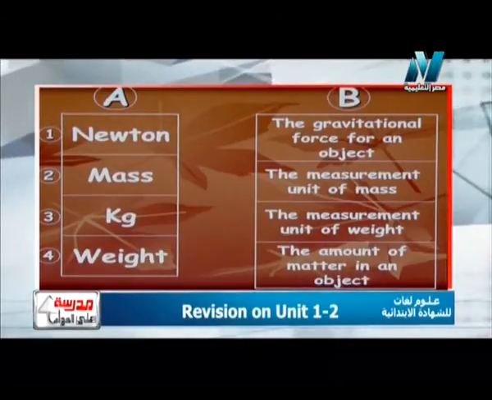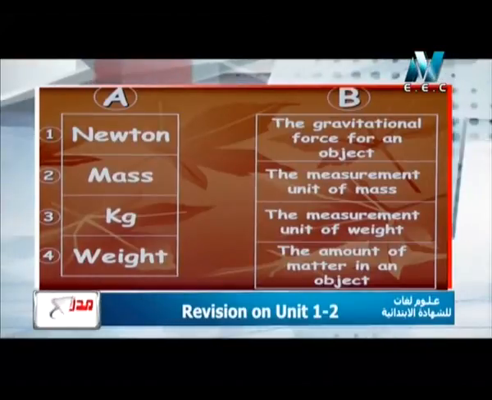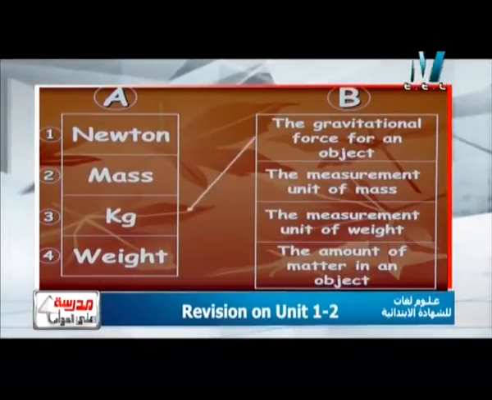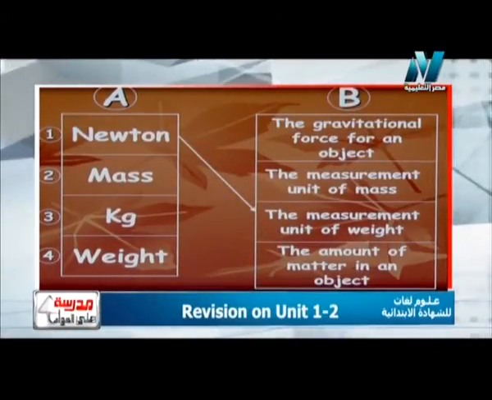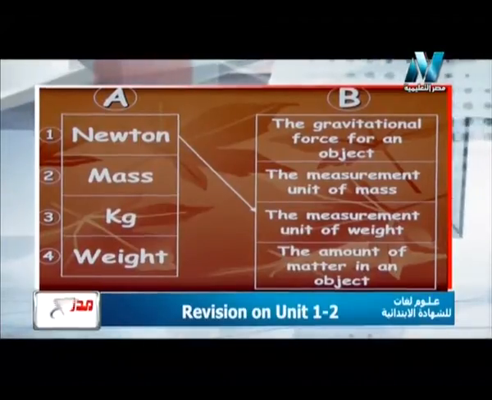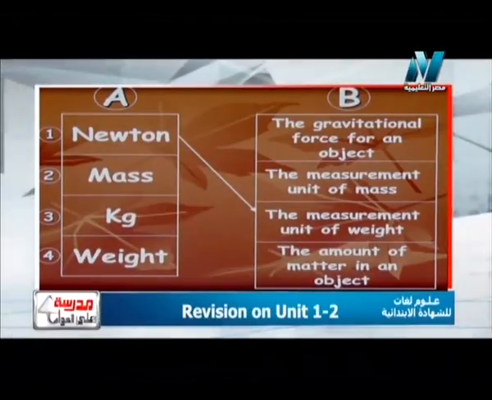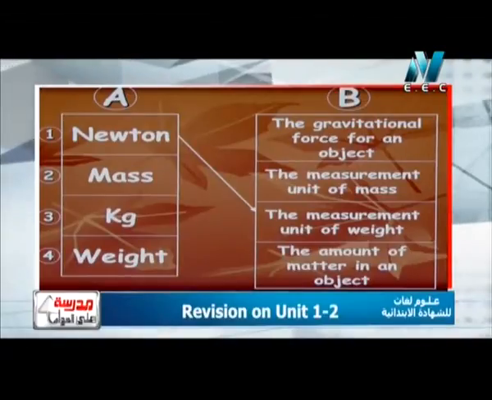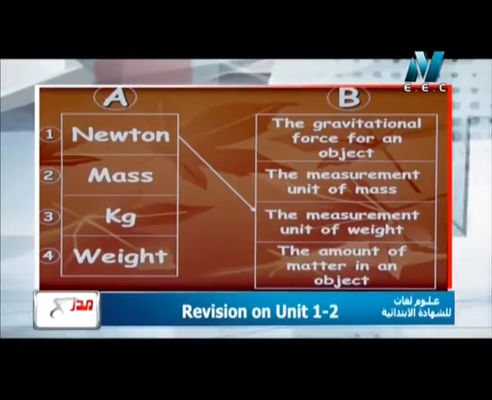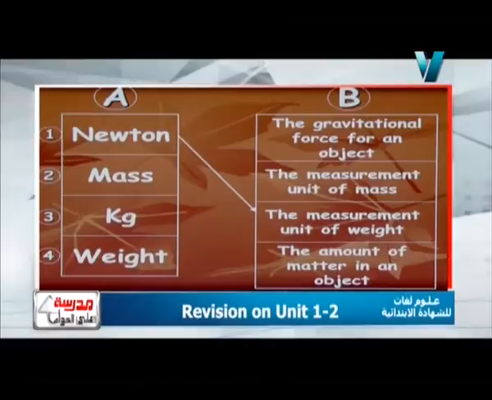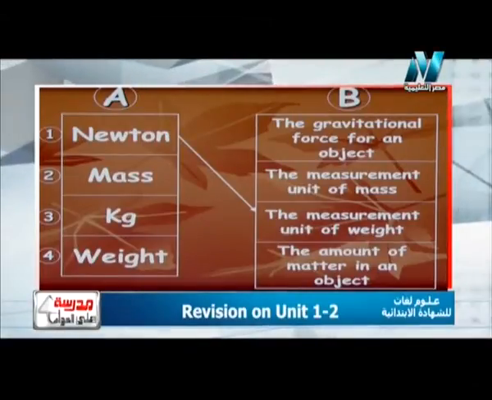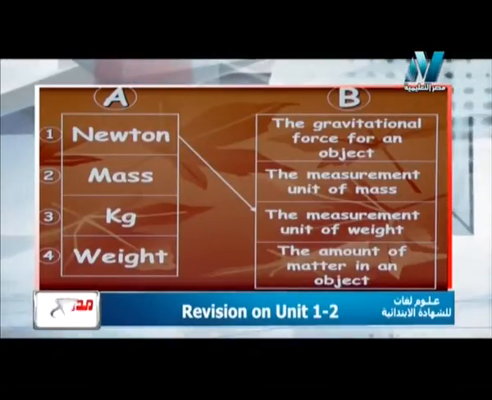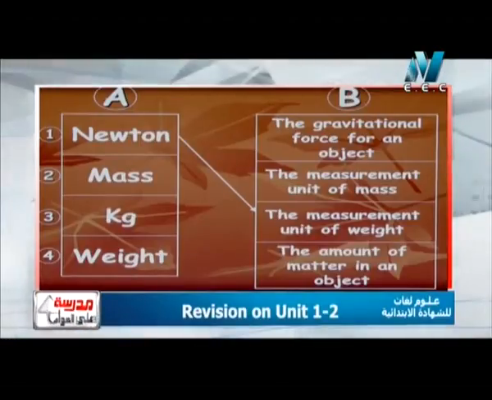I'm sure Newton is a very easy definition because it's the measurement unit of weight. So here, if you are hesitant, don't answer that question and answer another question. And as I said, begin with the easiest one. Start with the easiest answer. So again, Newton is the measurement unit of weight.